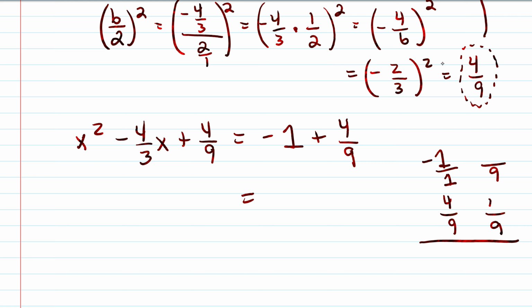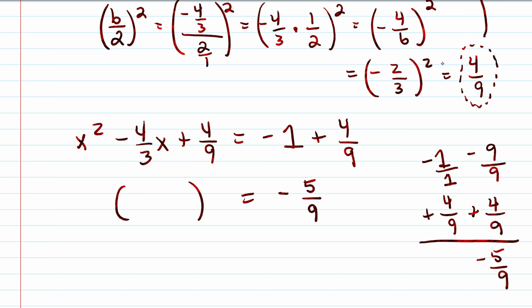This 4/9 is going to stay the same since LCD is the same. 1 goes into 9 9 times. 9 times 1 is 9. Or you could have already started from the beginning and said, okay, 9/9 means 1, right? So now it's -9/9 plus 4/9. So that's -9 and +4 make -5/9. So that right-hand side makes -5/9.